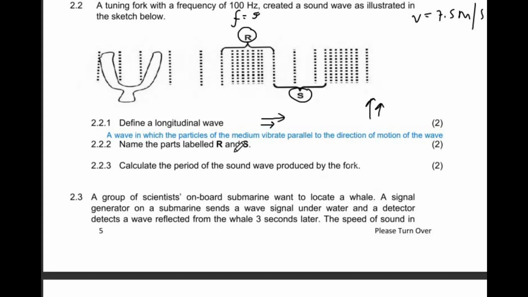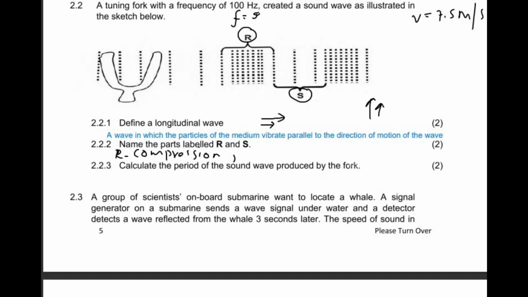Now we have to label the parts labeled R and S. The parts labeled R, where the particles are closer together, form a high pressure area. We call that a compression of a longitudinal wave.